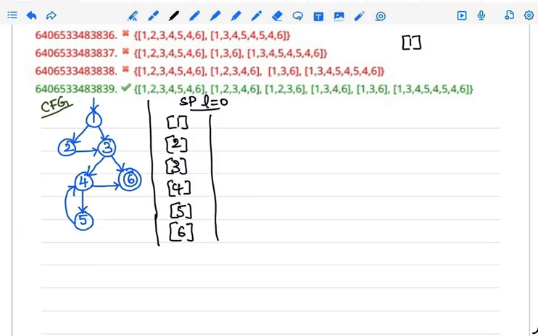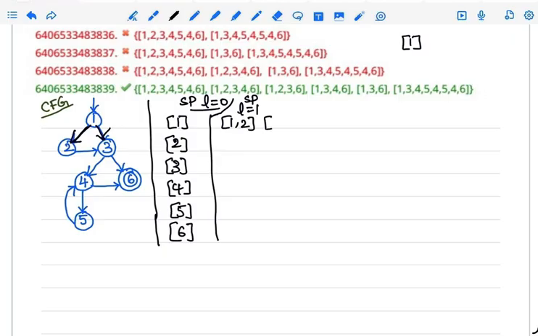Next, the simple paths of length 1, which means only one edge. Starting from node 1 there are two edges, 1 to 2 and 1 to 3. So 1, 2 and 1, 3 are simple paths of length 1.